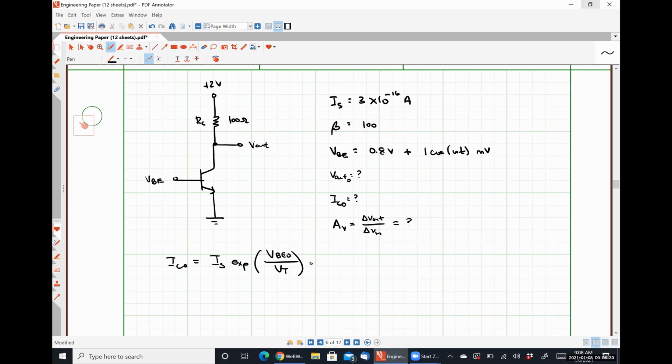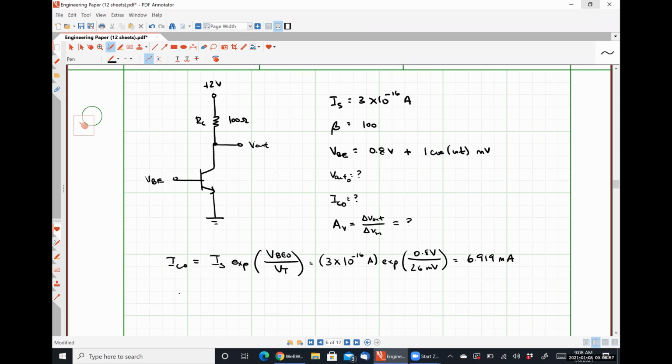So let's see, if I put in 3 times 10 to the minus 16 amps, 0.8 volts divided by 26 millivolts, I get 6.919 milliamps.